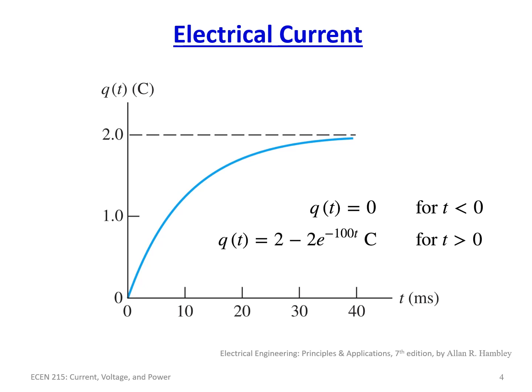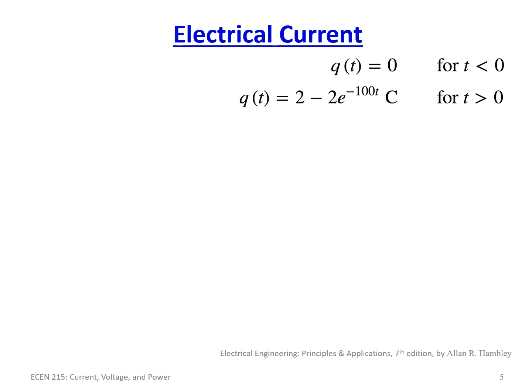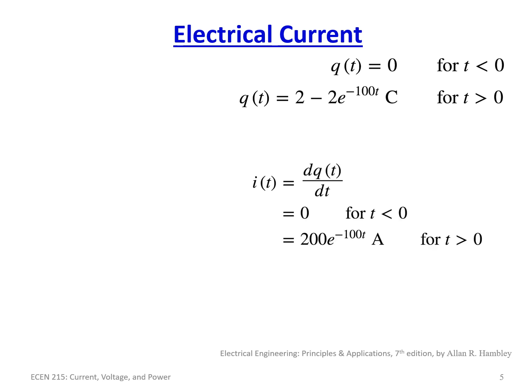Now that we know that, let's determine what the current is. We take the derivative of the charge over time. Before time 0, the charge is 0, so the derivative is 0, and the current is 0 amps for t less than 0.